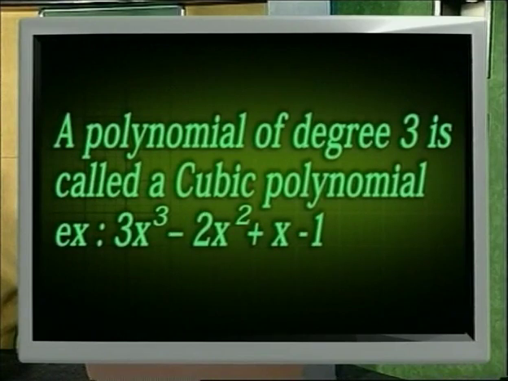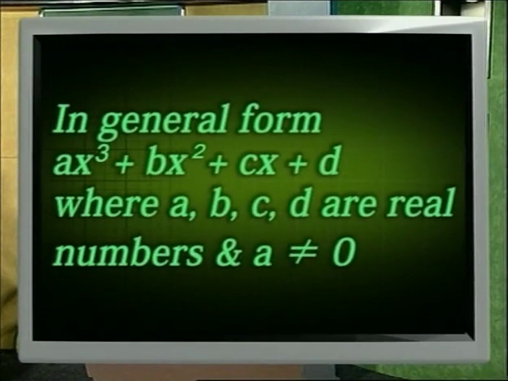Next, a polynomial of degree 3 is called a cubic polynomial, that is 3x³ − 2x² + x − 1. So in general form we can say ax³ + bx² + cx + d, where a, b, c, d are real numbers and a is not equal to 0. Kelsey, did you get what I mean to say?